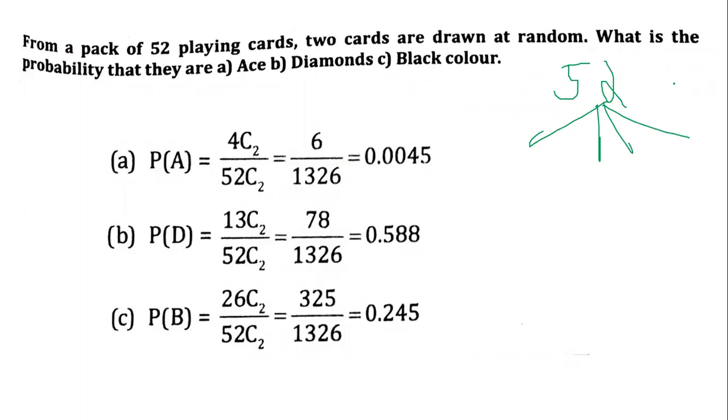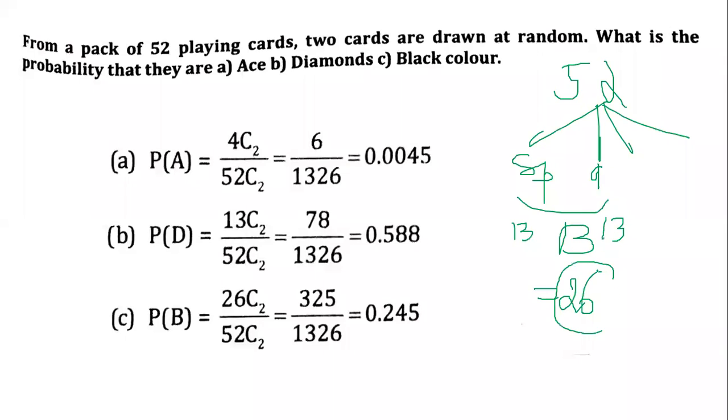You'll have 26 black cards. Very good. How 26 black cards? You will have spade and clubs. These two are black cards. So 13 plus 13 is equal to 26. So totally 26 black cards will be there.